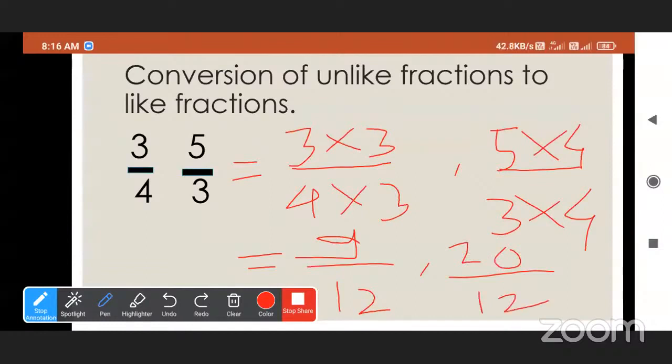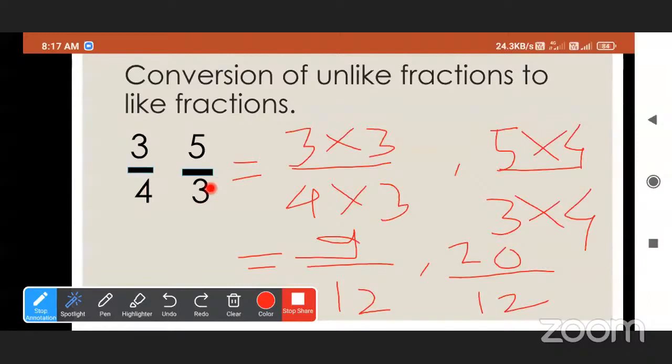Now we can see that we have the same denominator. Here it is 12, and this one is also 12, so they become like fractions. Now again, to convert unlike fractions into like fractions, if we have to convert 3 upon 4 and 5 upon 3, we cross multiply the fractions by the opposite denominator.